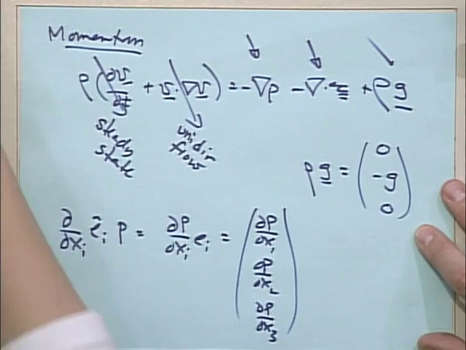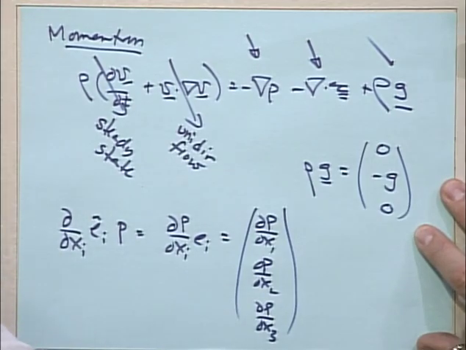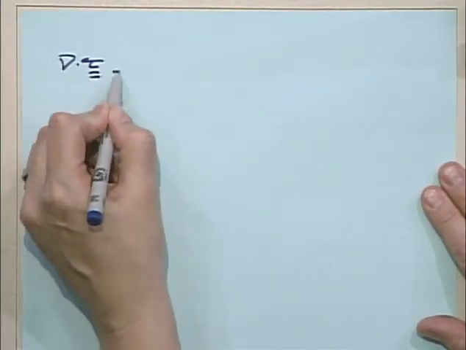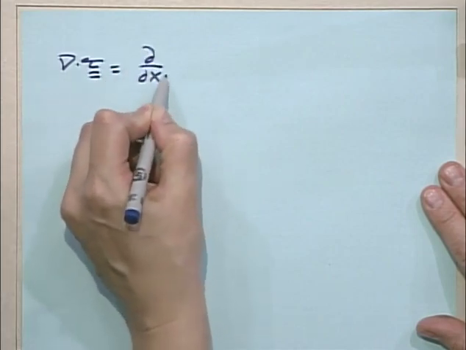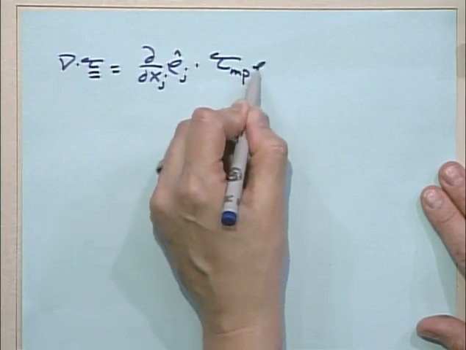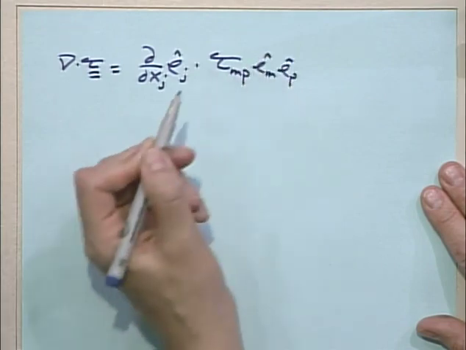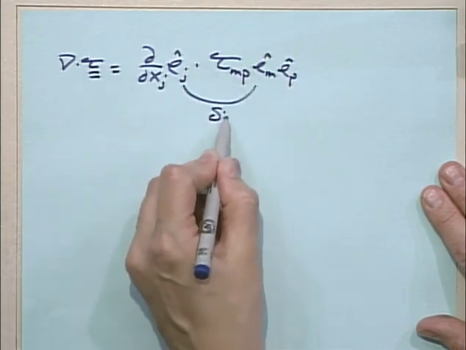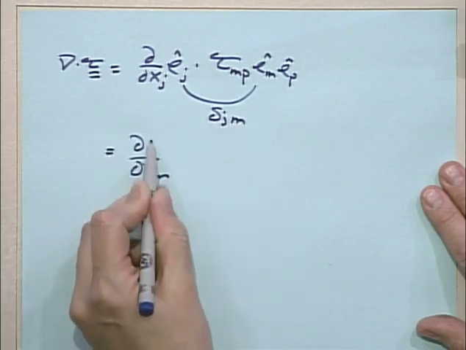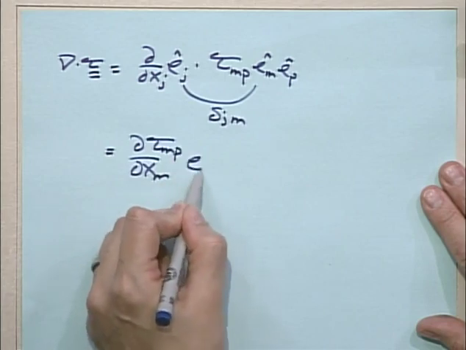And del dot tau we can also do from Einstein notation. d by dxj ej dot tau mp em ep, delta jm, j becomes m, d by dxm tau mp ep.